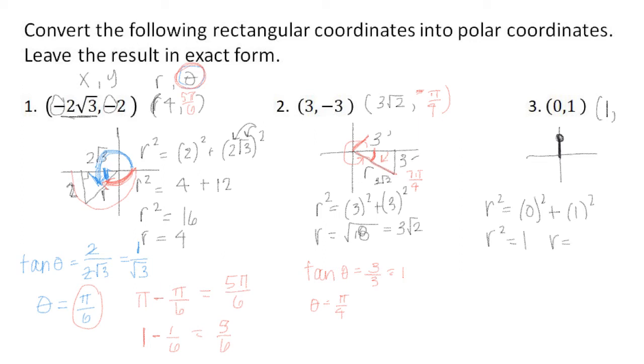So by what we're looking at here, yeah, you get r to be 1. What about an angle here? What angle would I be at if I went from here to here? Hopefully we see that it is 90 degrees or pi over 2.